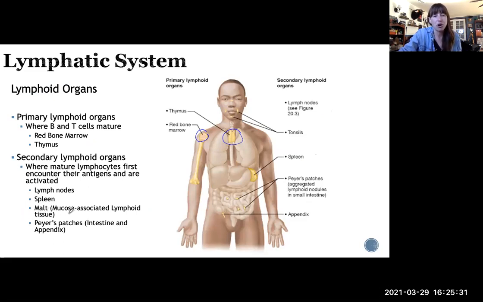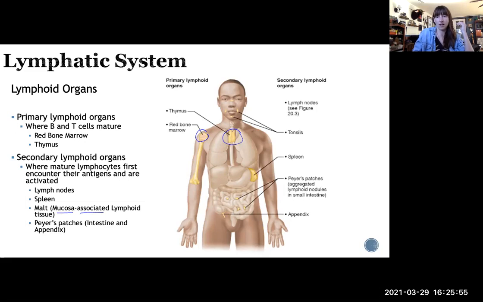MALT, mucosa-associated lymphoid tissue, is associated with the mucosa throughout your body, so places that produce mucus. Mucosa is basically any of your body cavities, as well as the mucosa of your digestive system.